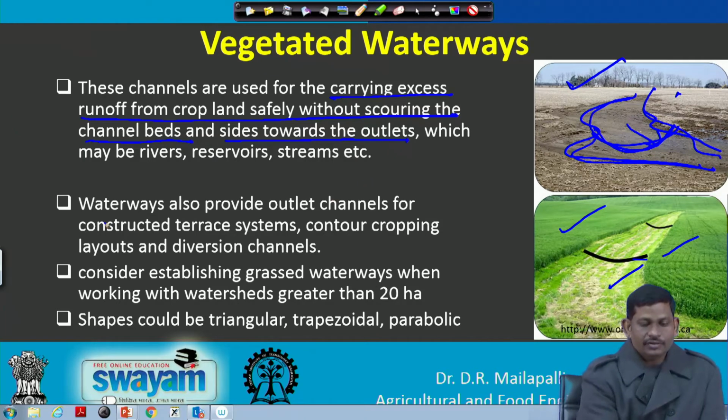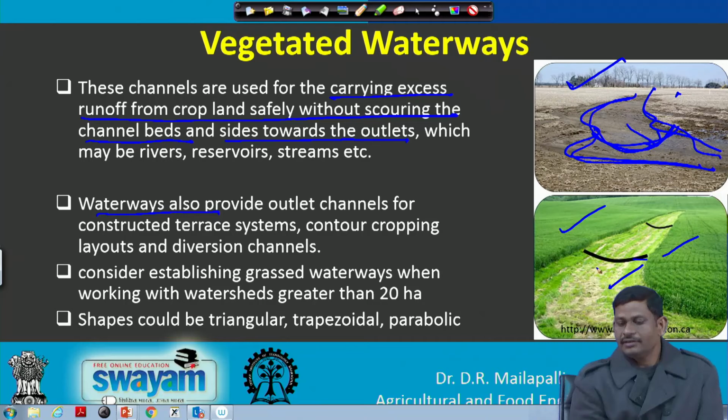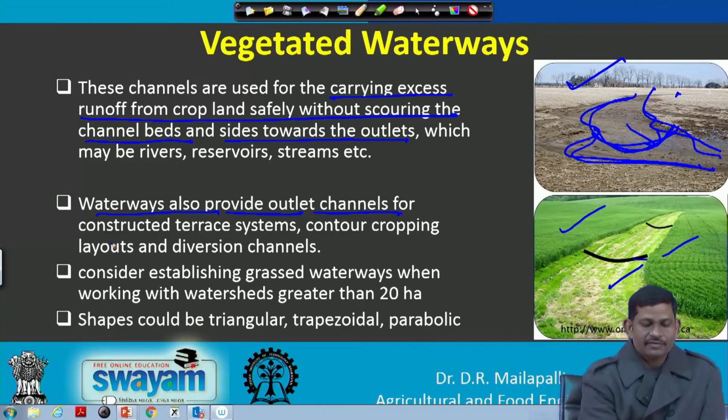Waterways also provide outlet channels. So, not only do they help the safe disposal of the overland flow, they also provide outlet channels for constructed terrace systems, contour cropping, and diversion channels.